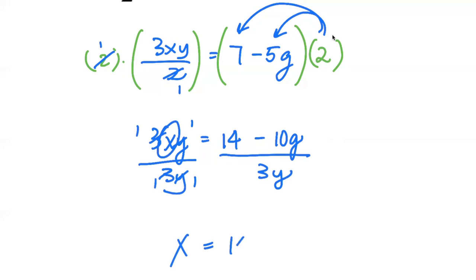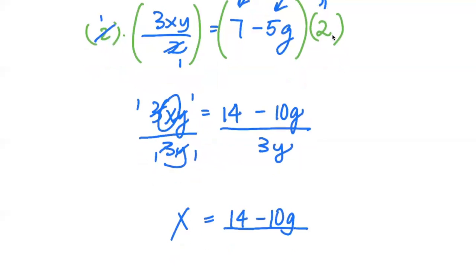And then we have 14 minus 10g over 3y. It's the whole thing over 3y. And that's our first part. x is equal to 14 minus 10g in the numerator, divided by 3y.